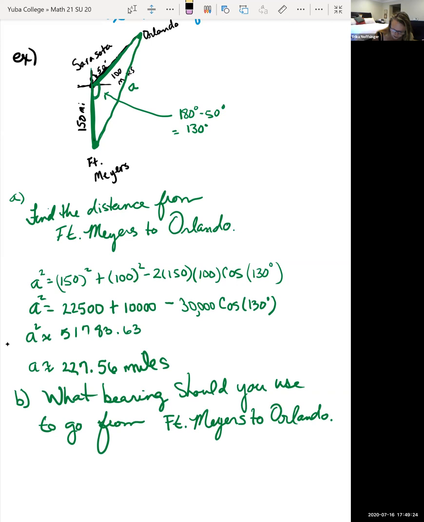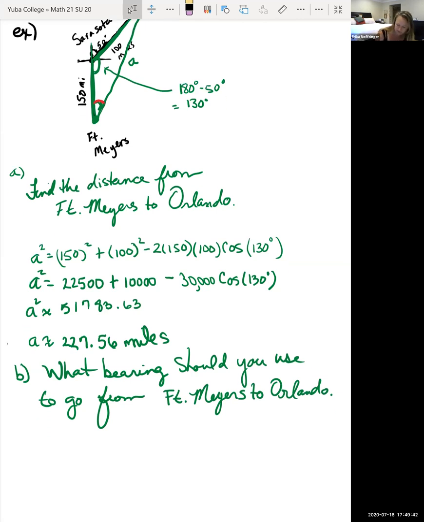So we need to figure out basically this angle in here. So how can we figure out that angle? Let's call it theta.